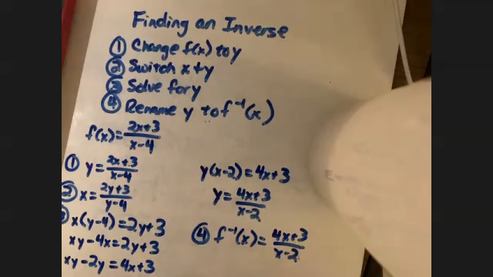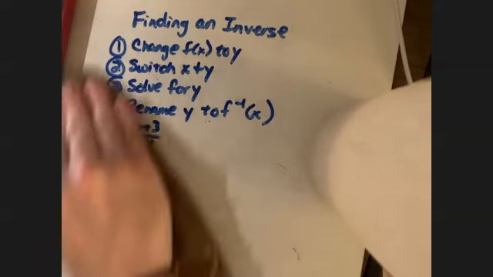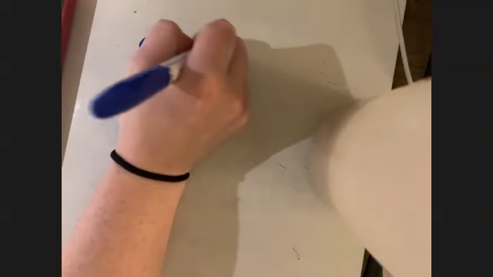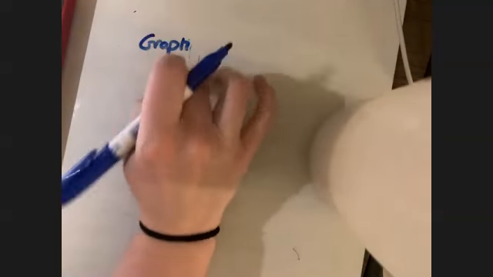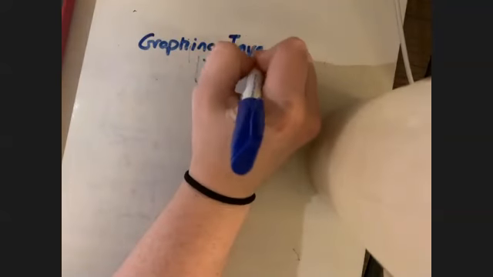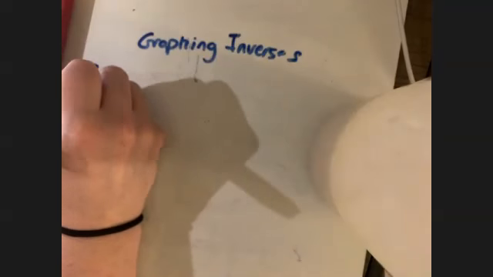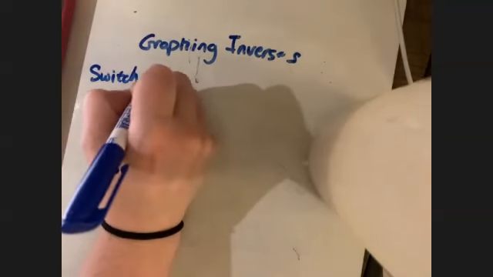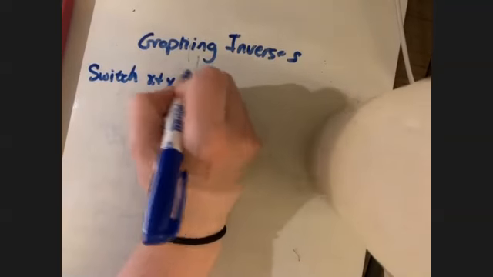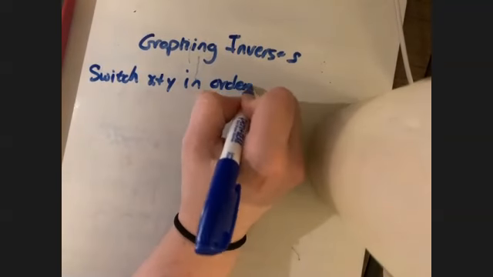Now, another thing that we need to talk about is graphing inverses. With graphing inverses, you've got a couple of options. First option is switch x and y in your ordered pairs.